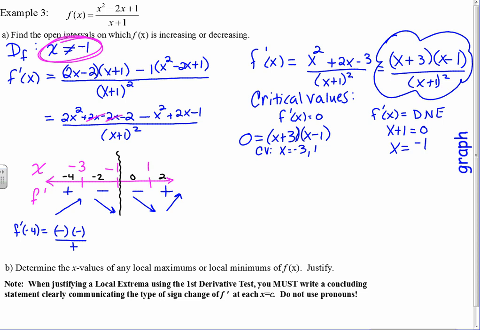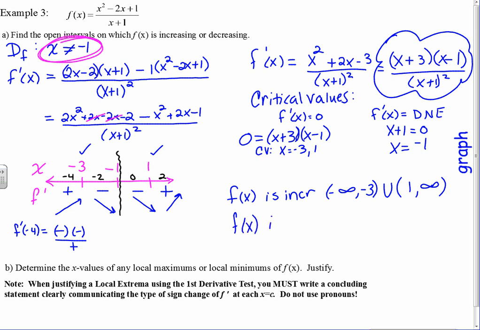So I can tell where my function is increasing. f of x is increasing on the interval from -infinity to -3, that critical value. Join that with the other region from 1 to infinity, just picking up our critical values of -3 and 1, and that concludes for the increase.